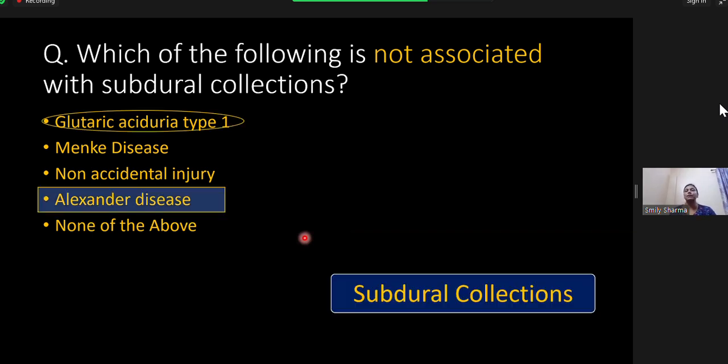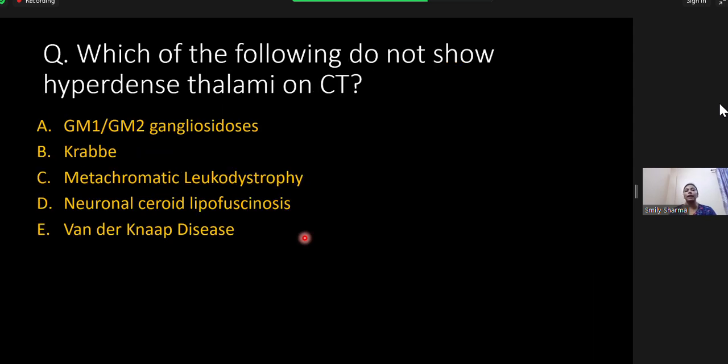These are just a few simple questions, but whenever we are approaching a leukodystrophy, we can answer these questions and reach a diagnosis. Which of the following do not show hyperdense thalami on CT? Yes, Canavan disease does not show. MLD can show.